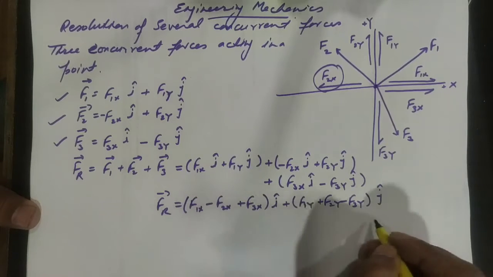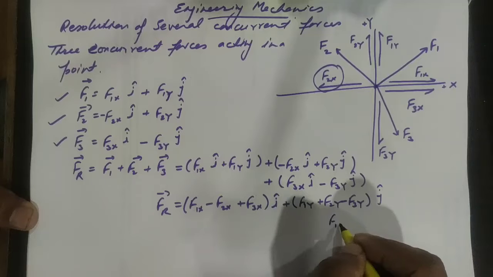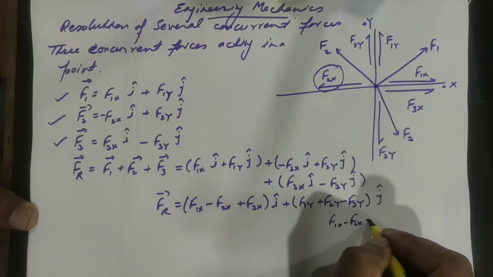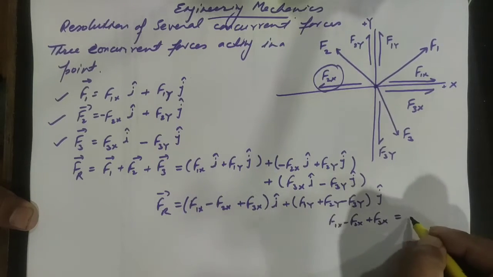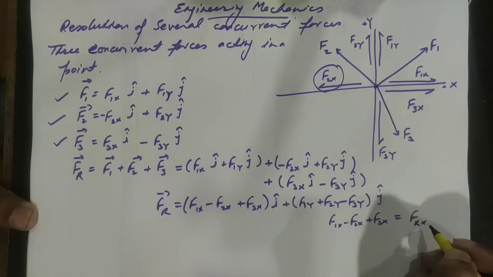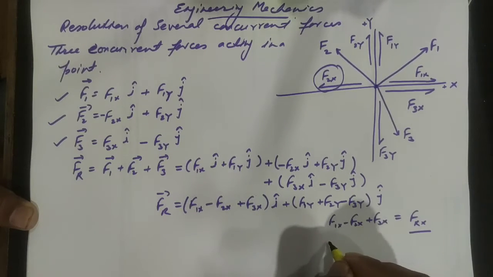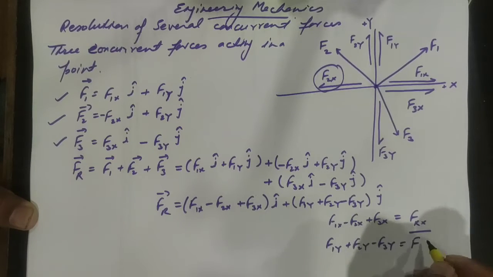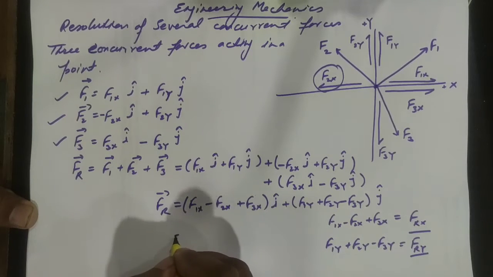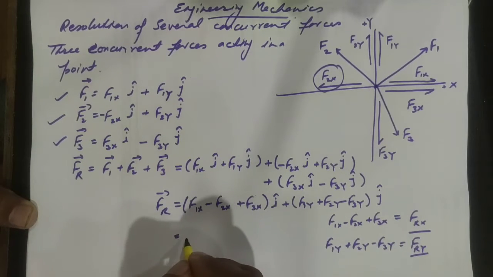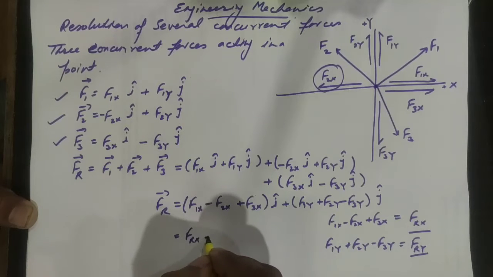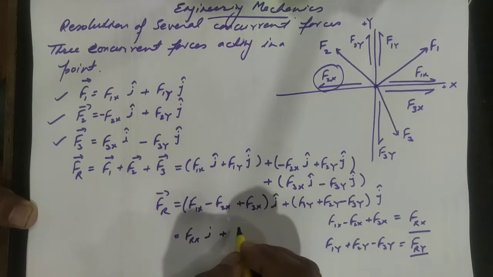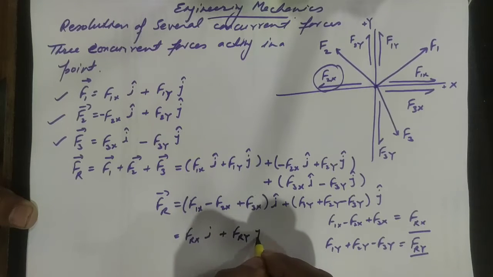We are assuming that F1x minus F2x plus F3x is equal to Frx, meaning the resultant force in the x direction, and F1y plus F2y minus F3y is equal to Fry. Then we can write Frx i and Fry j.